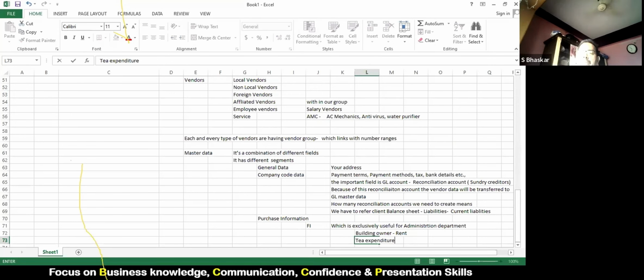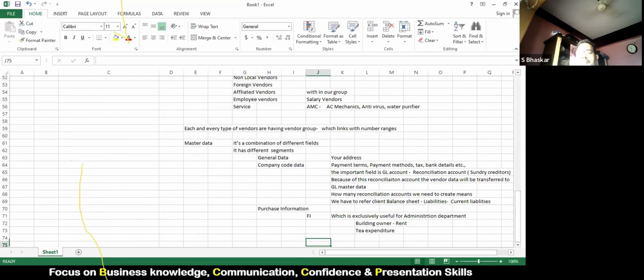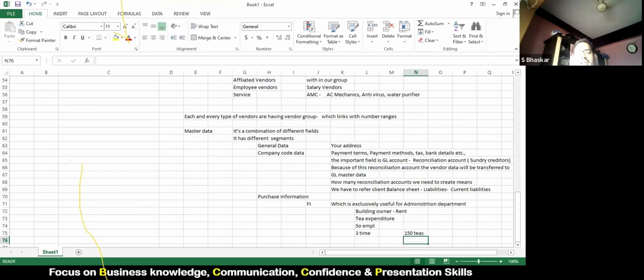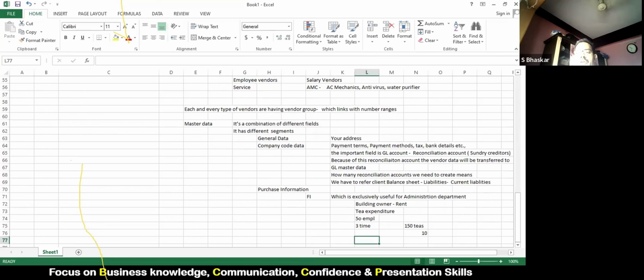In your organization, 50 people are there, and 3 times they are getting tea. Let's see an example: 50 employees, 3 times tea. So per day, how much tea is it? 50 into 3, 150 teas. Each tea costs 10 rupees, so per day the tea cost is 1500.